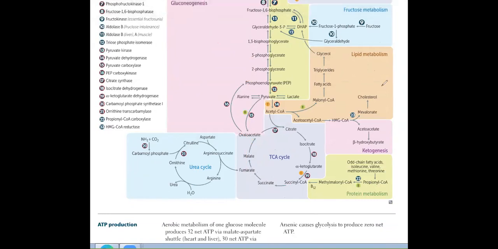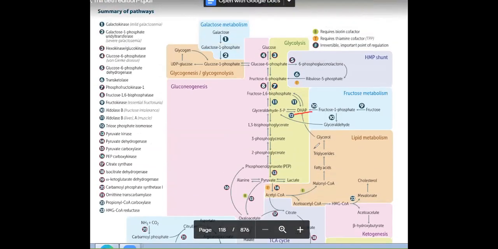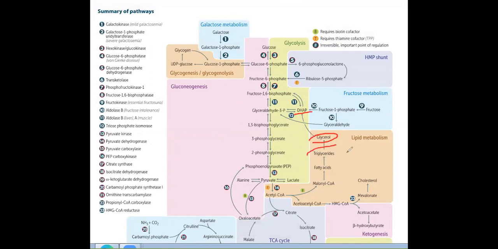So you see, we have this little body, which is glycerol, and this glycerol, or these TAGs, or these fatty acids, they can go to this step, and from this particular step, DHAP, it can enter into glycogenolysis, and then it can form glucose.